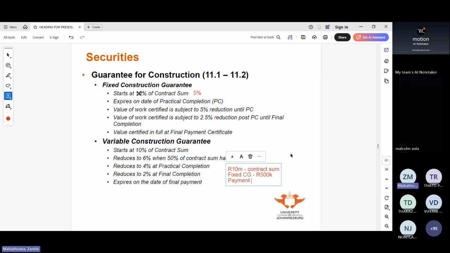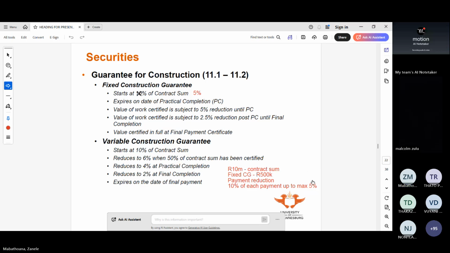So your payment reductions could be 10% of each payment, up to a maximum of 5% of the contract sum. Let's see if I can do a line. No, it doesn't. So 5% of the contract sum.